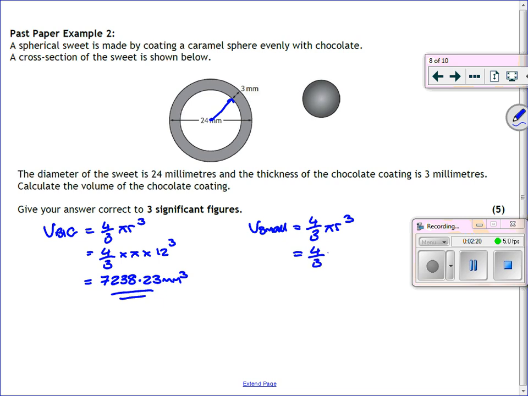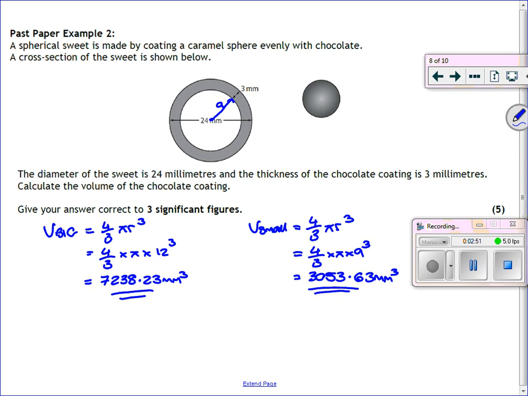So it's 4/3 times pi times 9 cubed. And we'll go ahead and work that out. So 4/3 multiplied by pi multiplied by 9 cubed, which will give us 3,053.63 cubic millimeters.